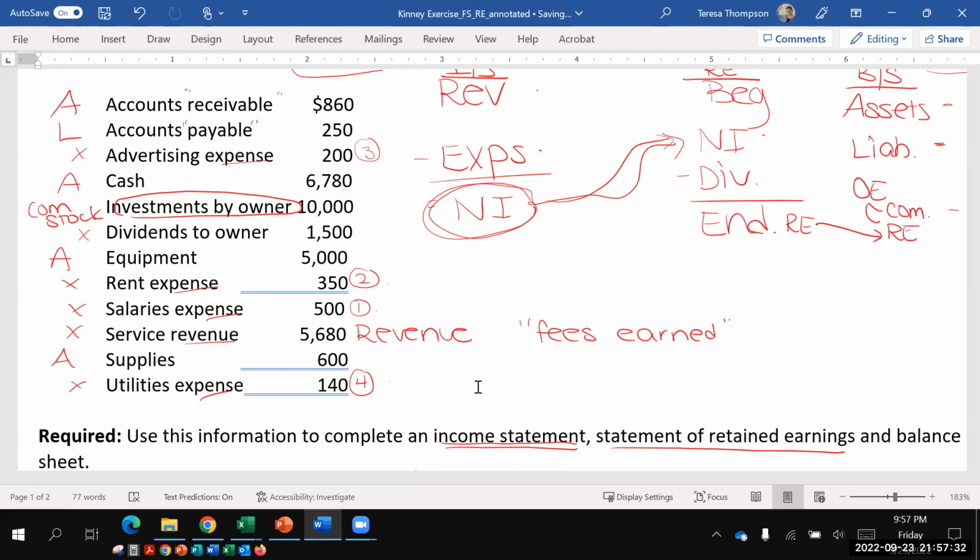All right, now you might be wondering, well, gosh, when I had more than one expense, we ranked them. Remember that ranking we did in descending order by dollar amount? That rule is not the same for assets. Assets you're going to rank by liquidity, meaning how quickly that item is converted into cash. So cash is always first because it's already converted, it's already cash.